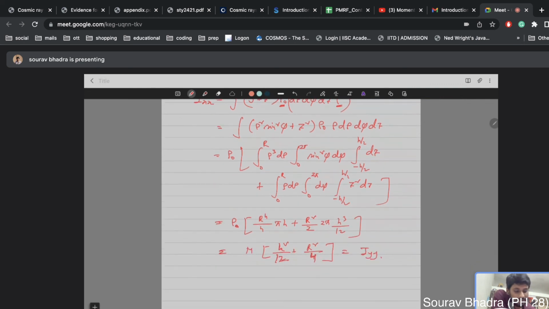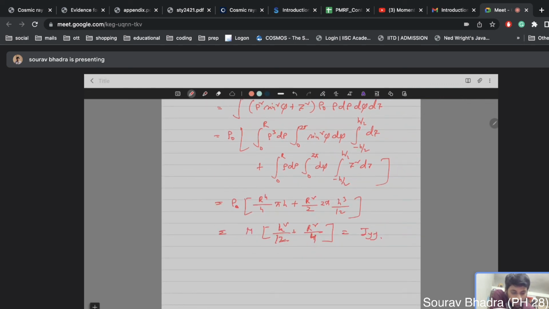You can calculate Ixy and all the cross products also, and see whether those are 0 or not. Just remember, for a symmetrical body, if x and y have any symmetry, then you will get a 0 result, but I will ask you to check whether you are getting 0 or not.